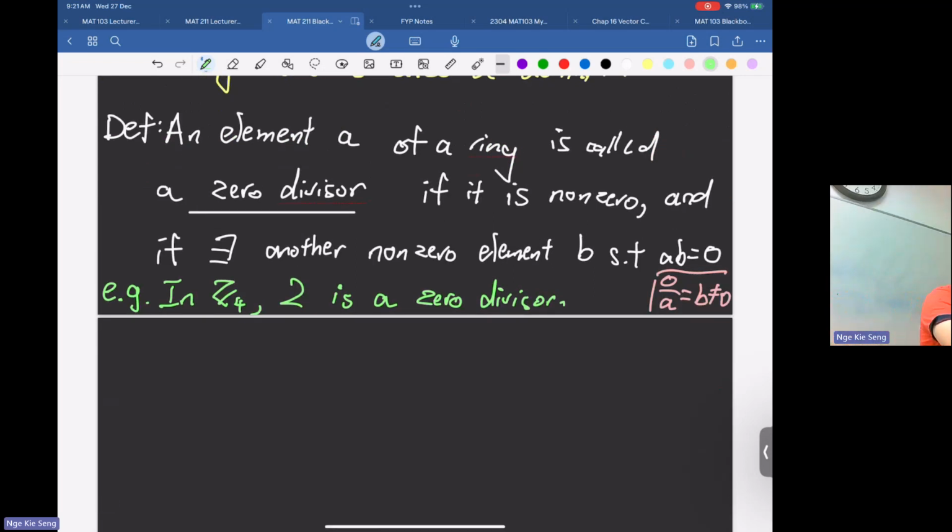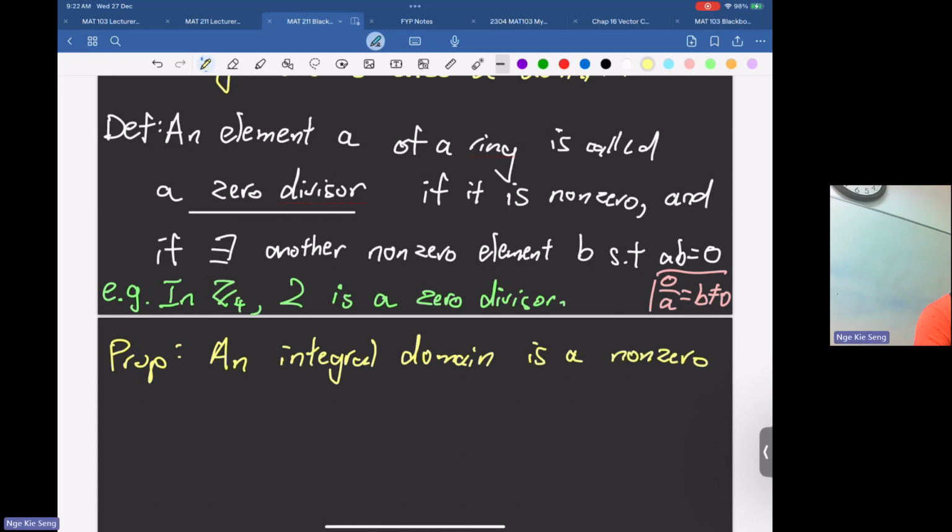So this leads to this proposition. An integral domain is a non-zero ring which contains no zero divisor.